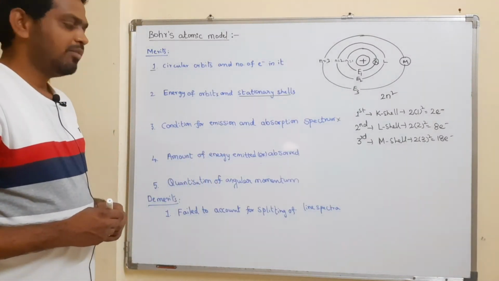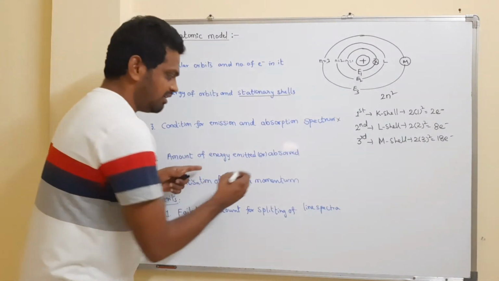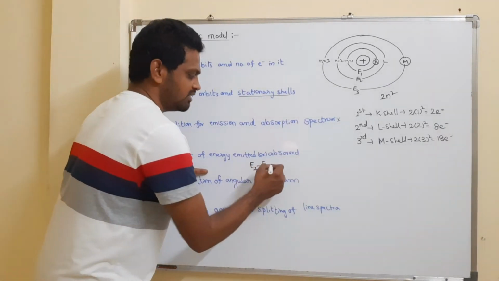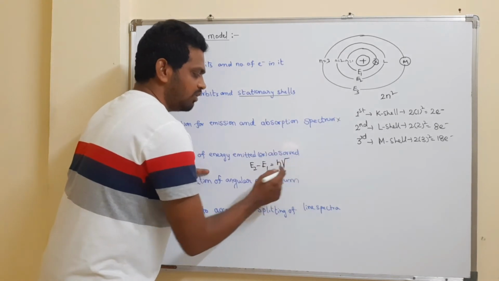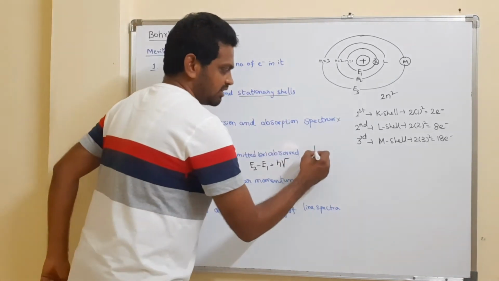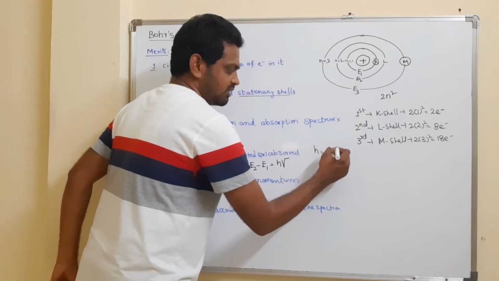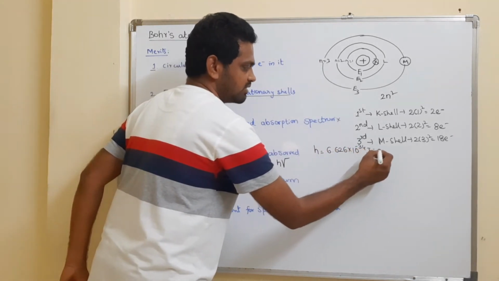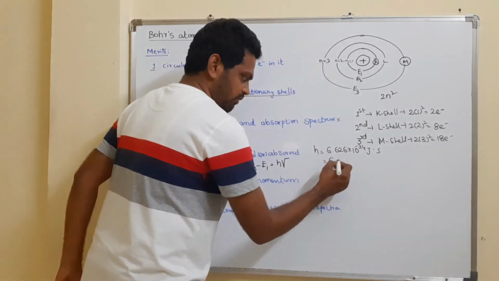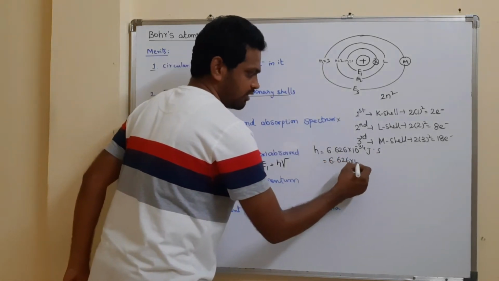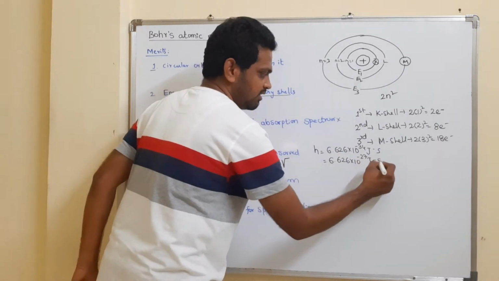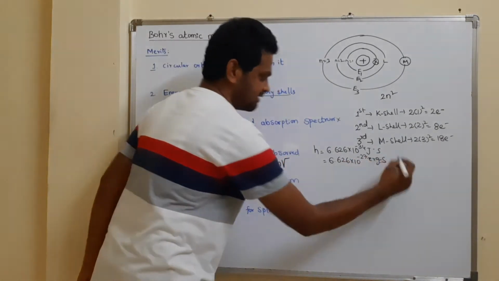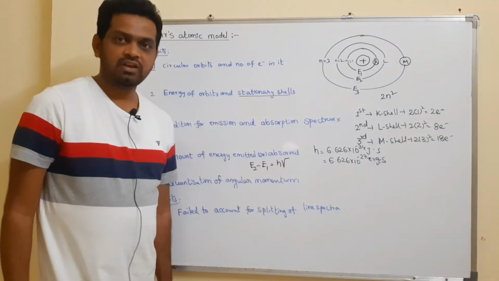The amount of energy emitted or absorbed can be written as the difference of energy values E2 minus E1, which is equal to h nu, where h is called Planck's constant. The h value is 6.626 into 10 to the power of minus 34 joule second, which is also equal to 6.626 into 10 to the power of minus 27 erg second, where nu is called frequency.